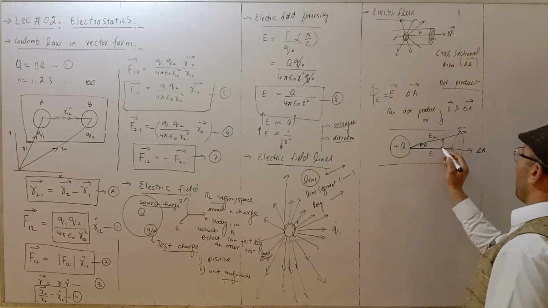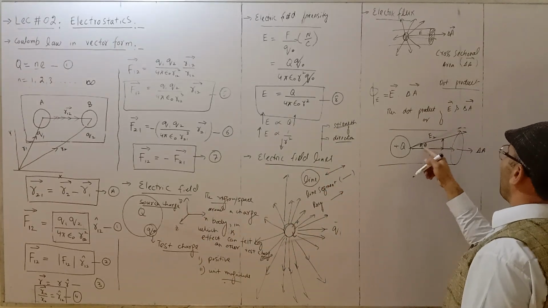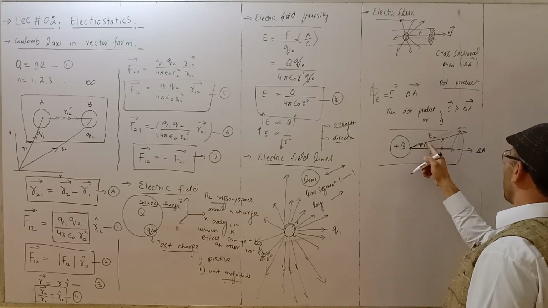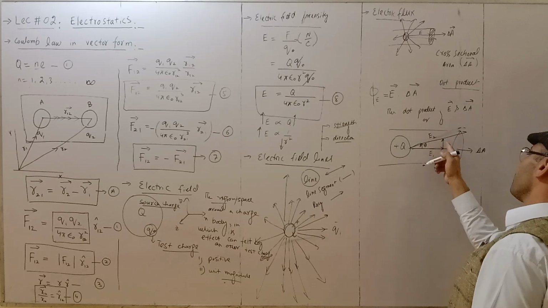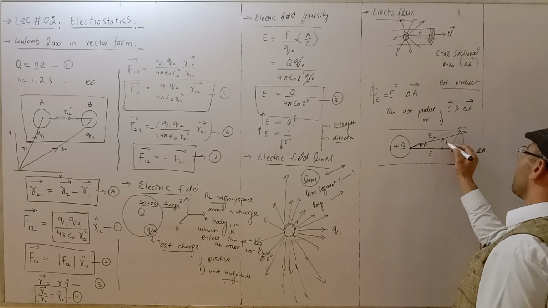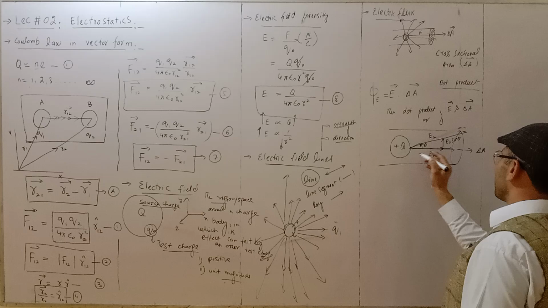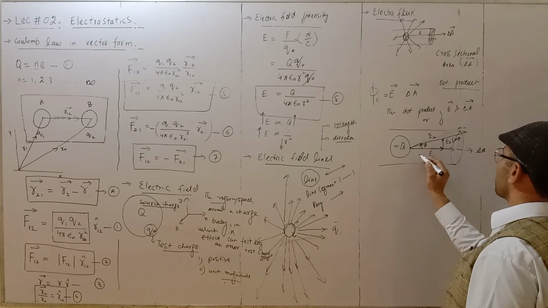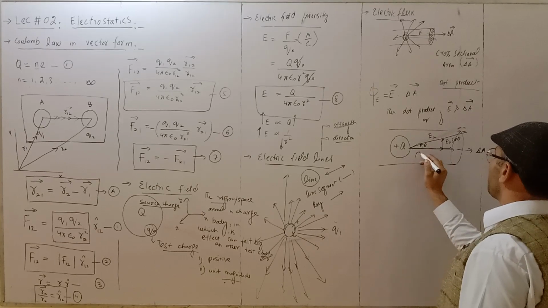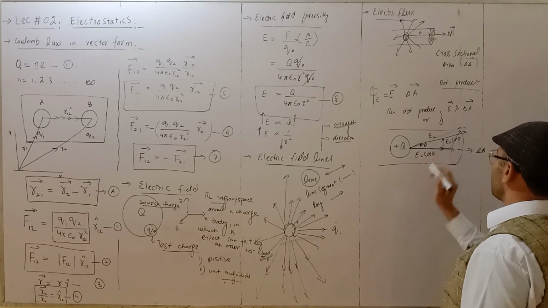So I have said that the component of E opposite to theta is taken as E2 sine theta, and the component on the side of theta is taken as E2 cos theta.